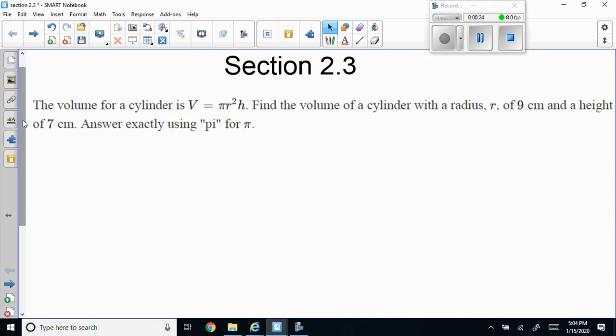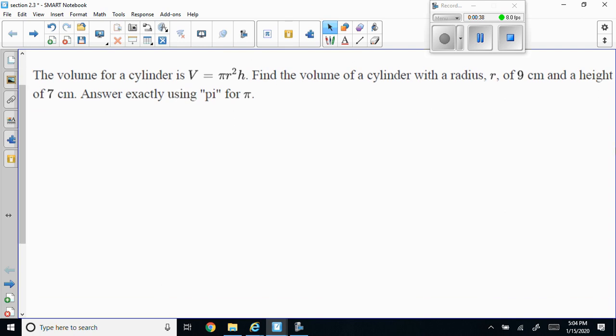But we're looking at volume of a cylinder, and that's pretty straightforward. Volume equals pi r squared h, right? The radius is 9, the height is 7, and answer exactly using pi, right? So leave your answer in terms of pi.